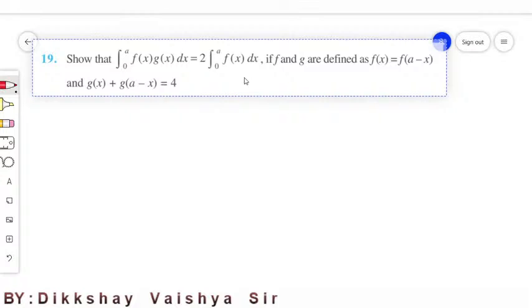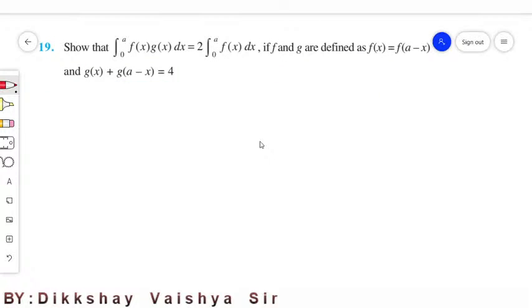Show that integral 0 to a of f of x g of x dx is equals to twice integral 0 to a of f of x dx, if f and g are defined as f of x is equals to f of a minus x and g of x plus g of a minus x equals 4. So solution. Okay, so let I is equals to integral 0 to a of f of x g of x dx.